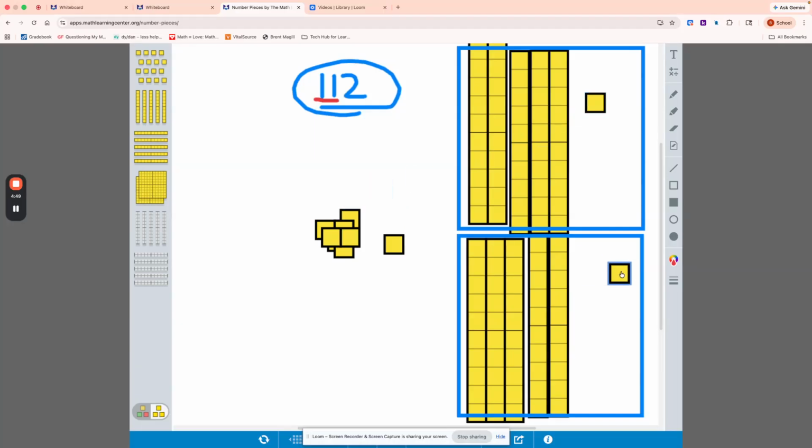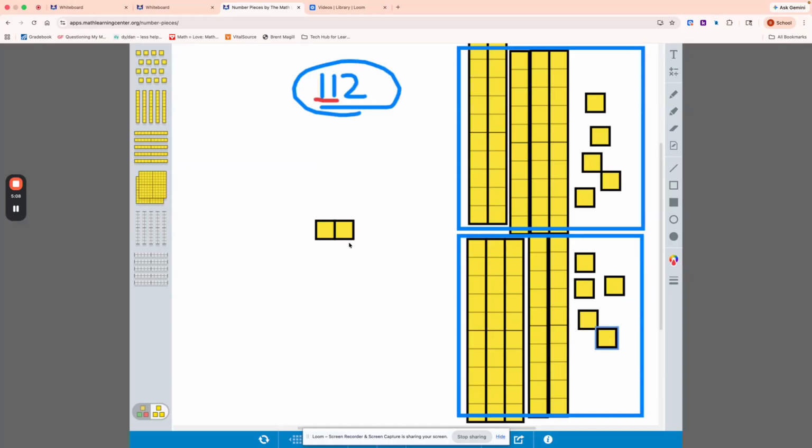There's 1 there, 1 there, 1 there, 1 there, and 1 here, 1 here, 1 here, 1, 1 here. So that's 4 in the top, 4 in the bottom. I'm just going to keep going. All right, 5 in the top, 5 in the bottom. Oh, we're almost done. 6 in the top, and I can do one more for the bottom. So that's my equal shares.